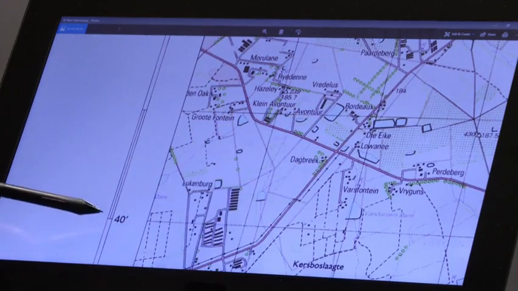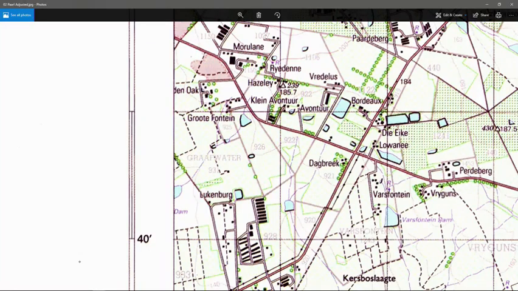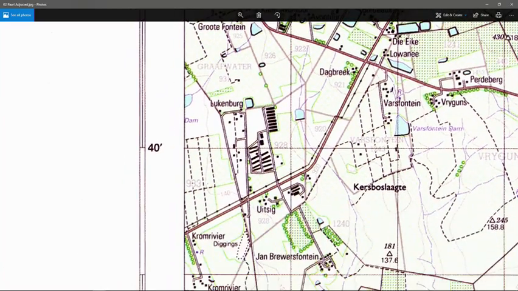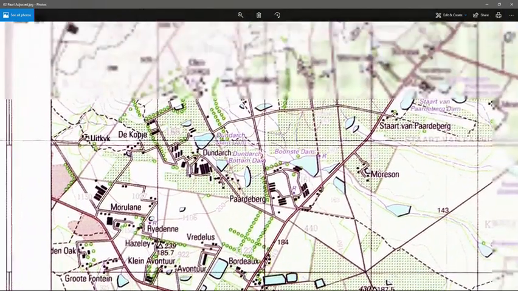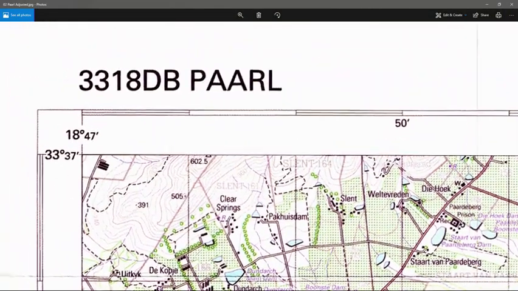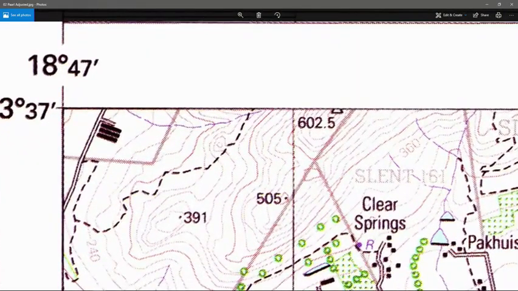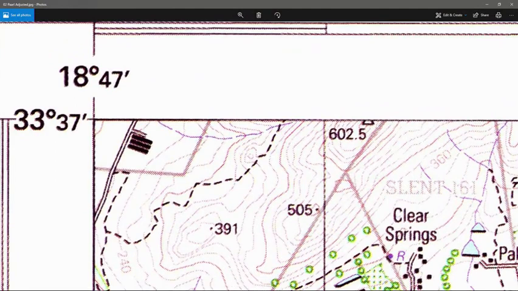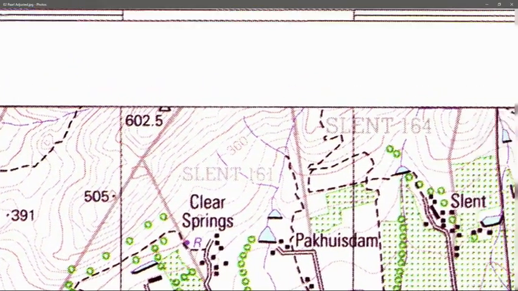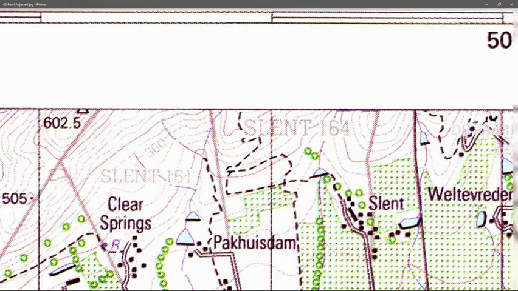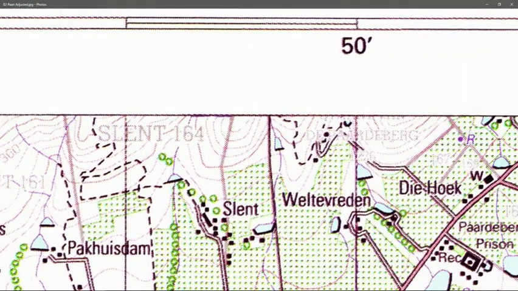I actually indicated it to you on the map. And as we move down, it's going to be 41 and 42. Now, let's just look at the lines of longitude. 18 degrees, 47 minutes, 48 minutes, 49 minutes. And there they're showing you 50 minutes.